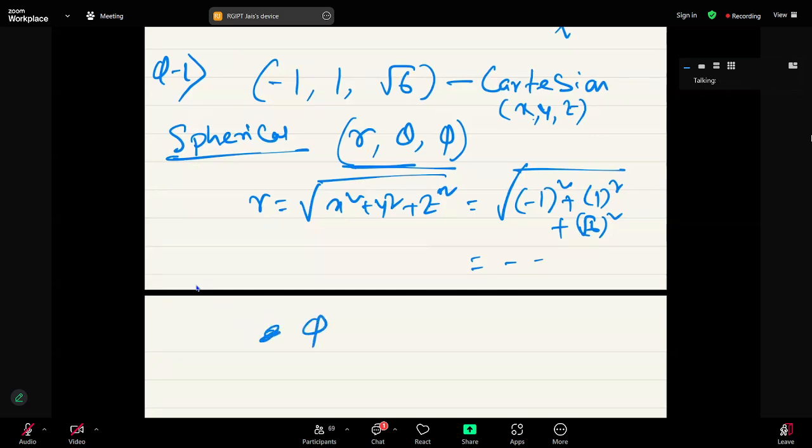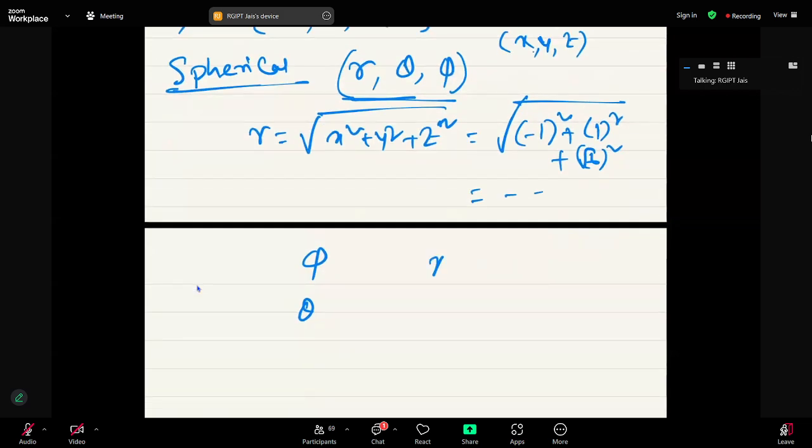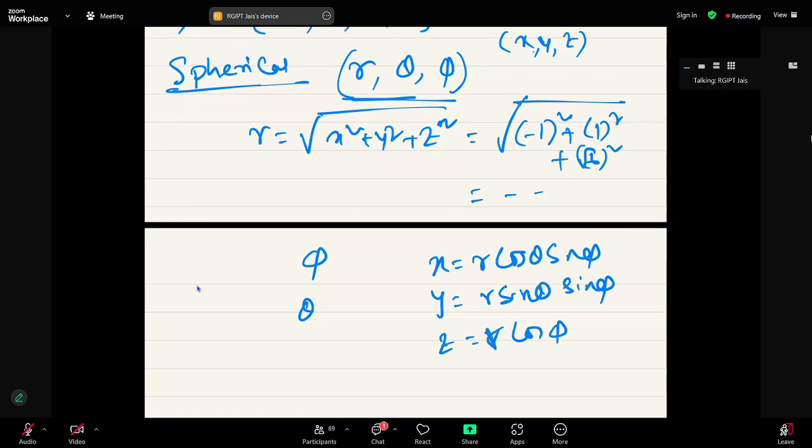Can you guys tell me? How to find theta and phi? We have this relation, so you should be able to find them. These values are x equal to r cos theta sin phi, y equal to r sin theta sin phi, and z equal to r cos theta. So I gave you the relations of x, y, and z in terms of r, theta, phi. You guys should be able to reverse this.